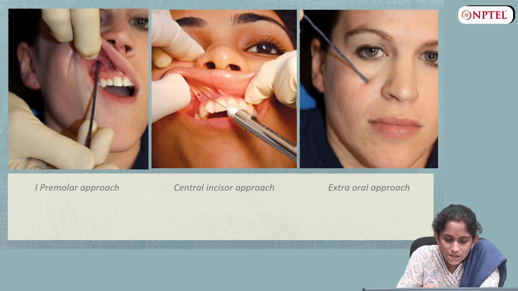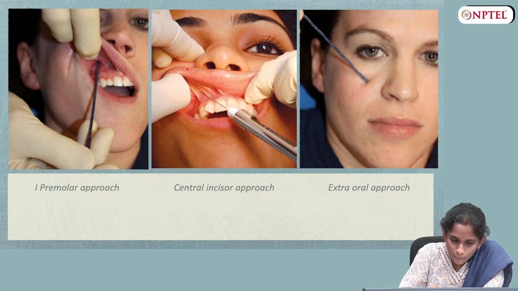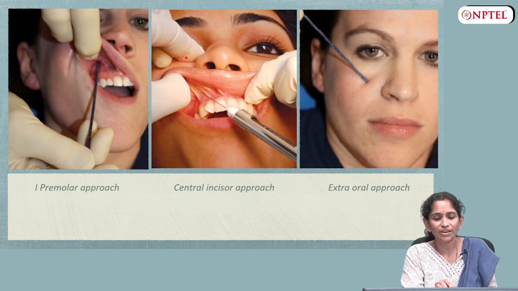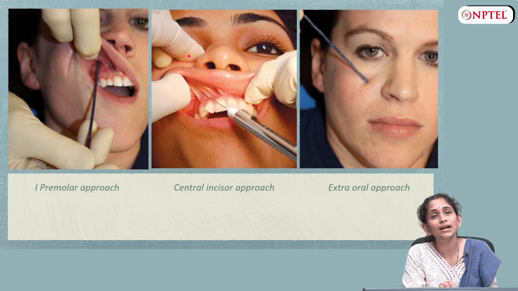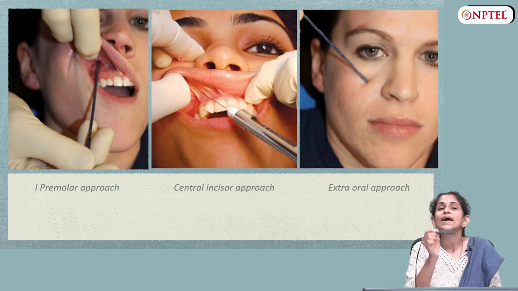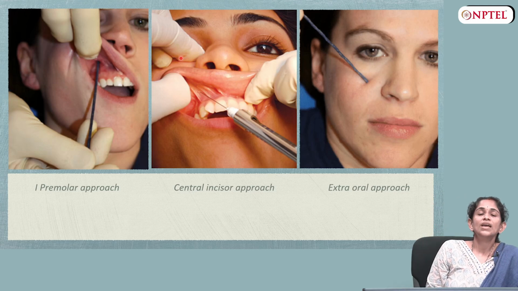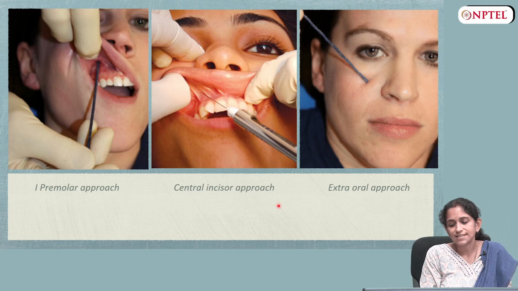From there, you advance the needle upwards, till it is felt under the finger here, which is placed on the infraorbital foramen. Once you have done that, you will stop advancing any further, aspirate, and then deposit the local anesthetic. This is the central incisor approach.